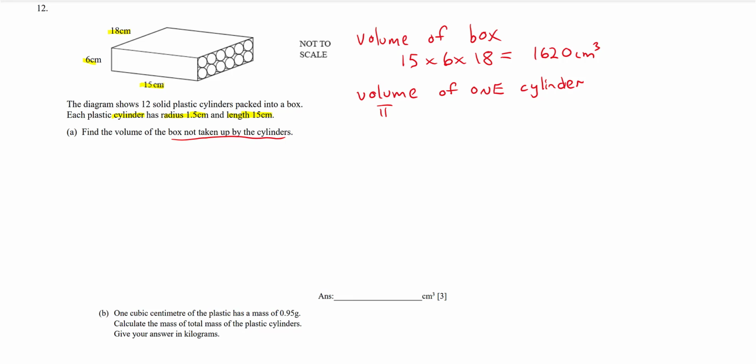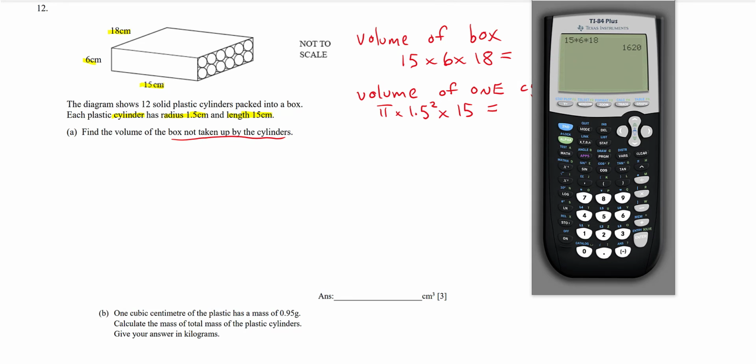It's going to be pi times 1.5 squared, which is the radius of the base, and then times its length, which is 15. And I'll just leave the answer in terms of pi, because we'll do all the rounding at the end.